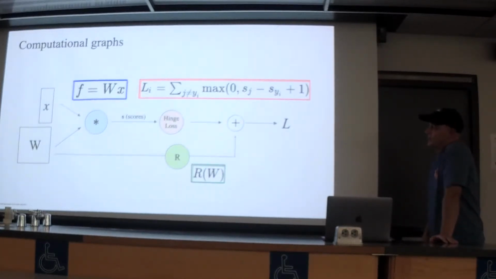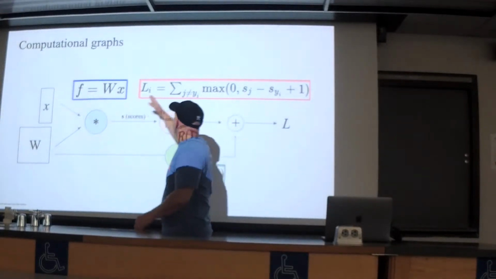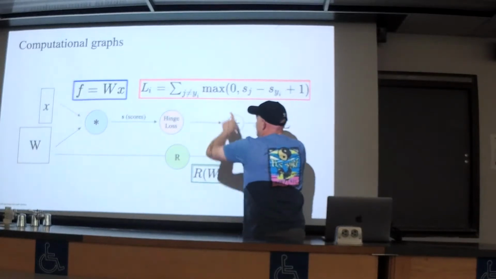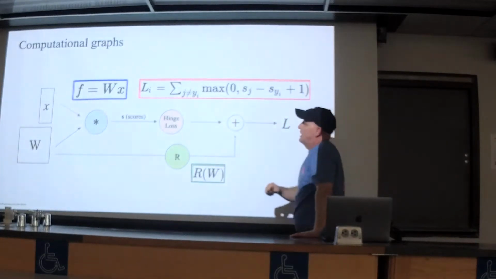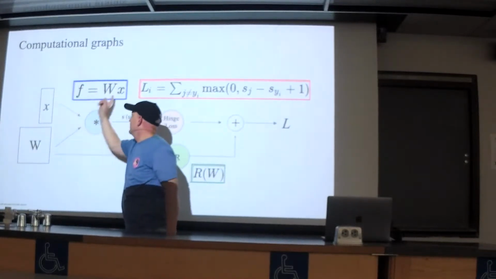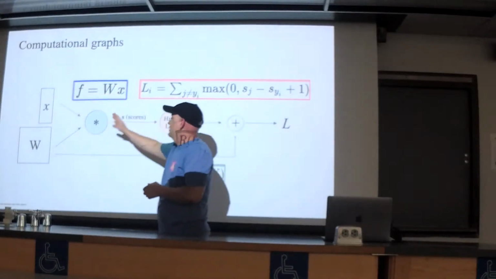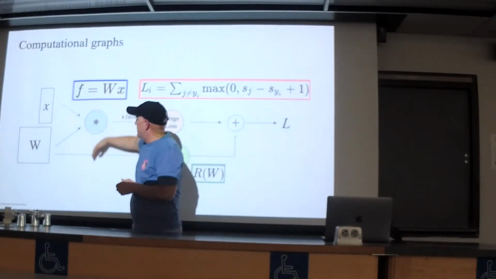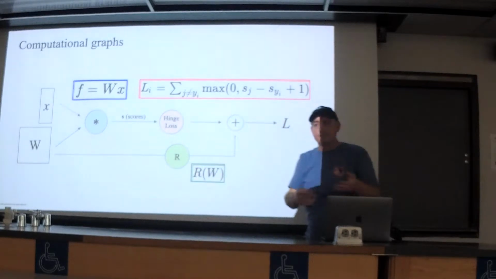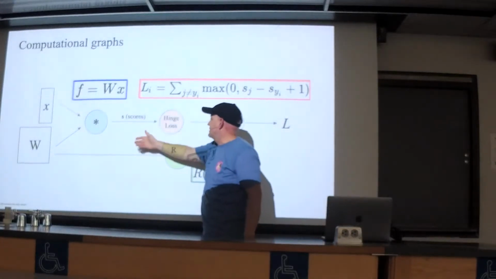So what does this look like? At a high level, the inputs look like the data and the weights of our function, the parameters of our function. And what does the function do? In general, it can do a lot of complicated things, but this one just does a matrix vector product. That will give us the scores across all of our classes.